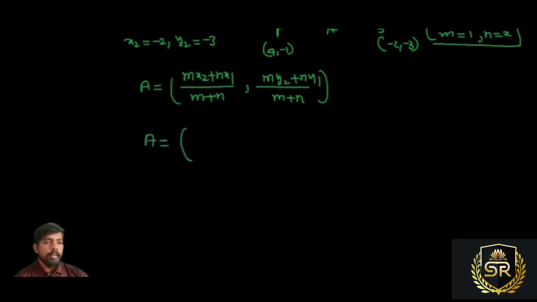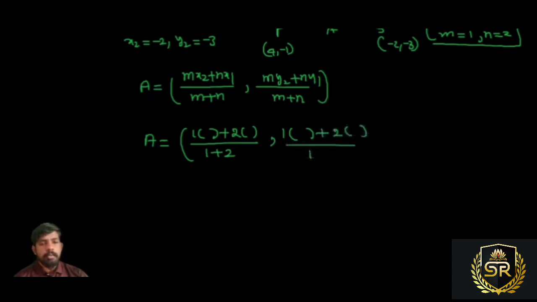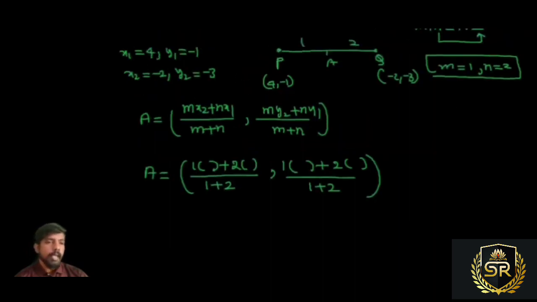A equals ((1 into x2 plus 2 into x1)/(1 plus 2), (1 into y2 plus 2 into y1)/(1 plus 2)), since m is 1 and n is 2. Here x2 is -2 and x1 is 4, next y2 is -3 and y1 is -1.